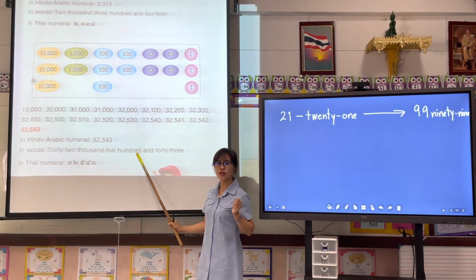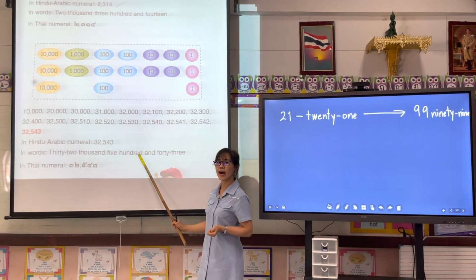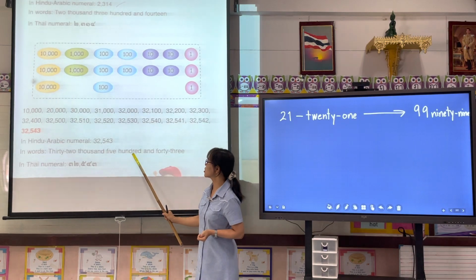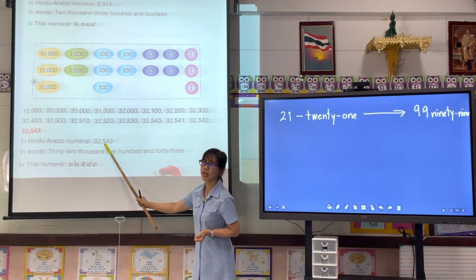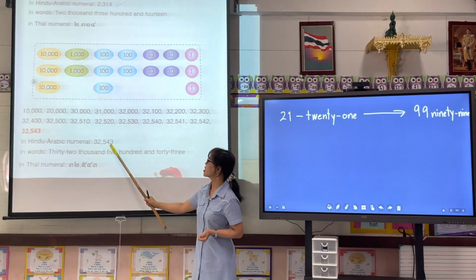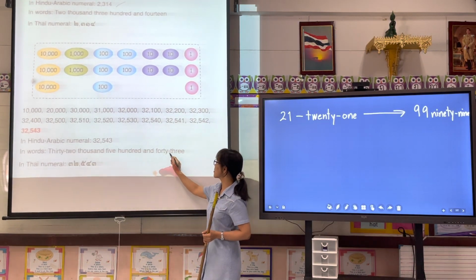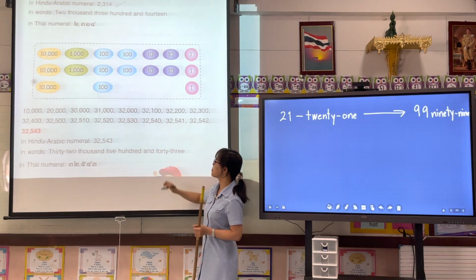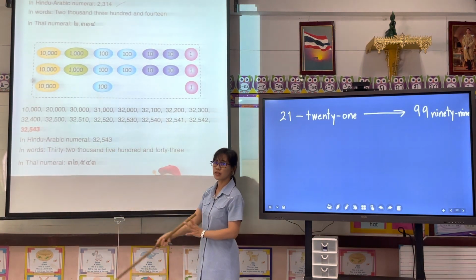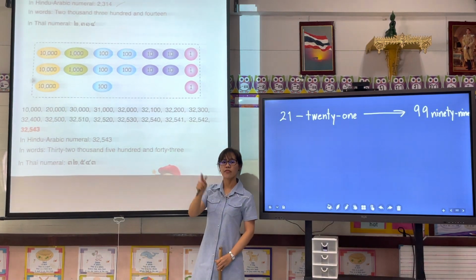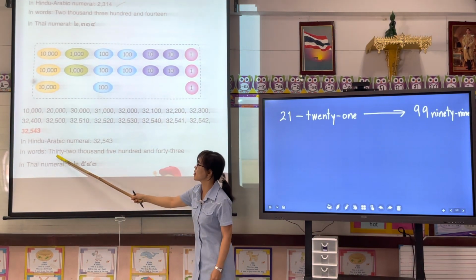After the word hundred, it is followed by the word and. So that's 500 and 43. A hyphen again to separate the tens and the ones: 40-3. Okay, everybody, let's read one more time.